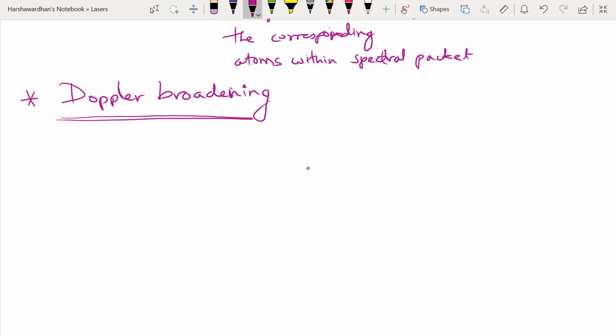So you recall the Doppler phenomena that we have discussed in one of the lectures earlier. The stationary atom has a resonant frequency, for example, nu 21 bar, and this stationary atom's resonant frequency is seen by the light as different.